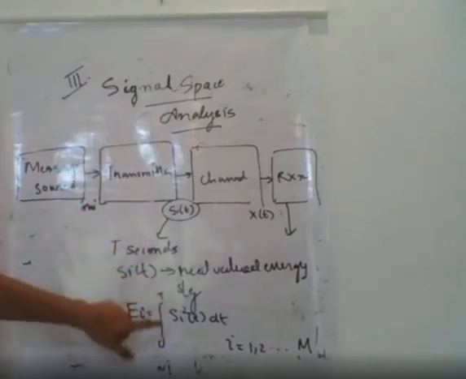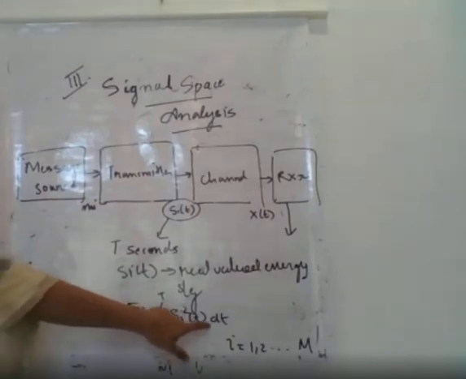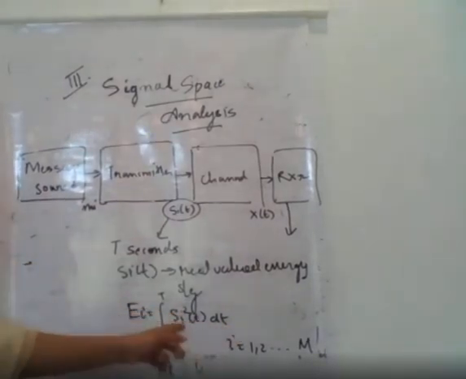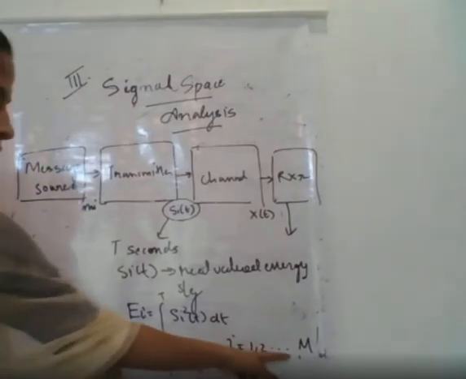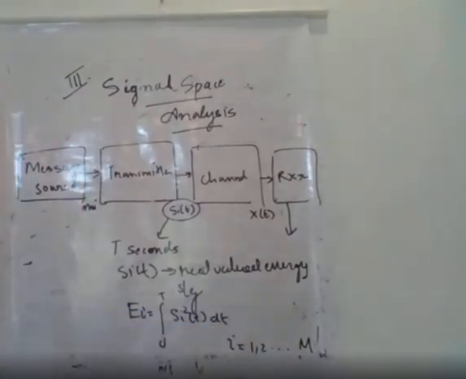Si of t is a real valued energy signal, so the energy can be calculated over the duration 0 to t as Ei equal to the integral from 0 to t of Si square of t dt, where i can take the values 1, 2, 3, etc., up to M.